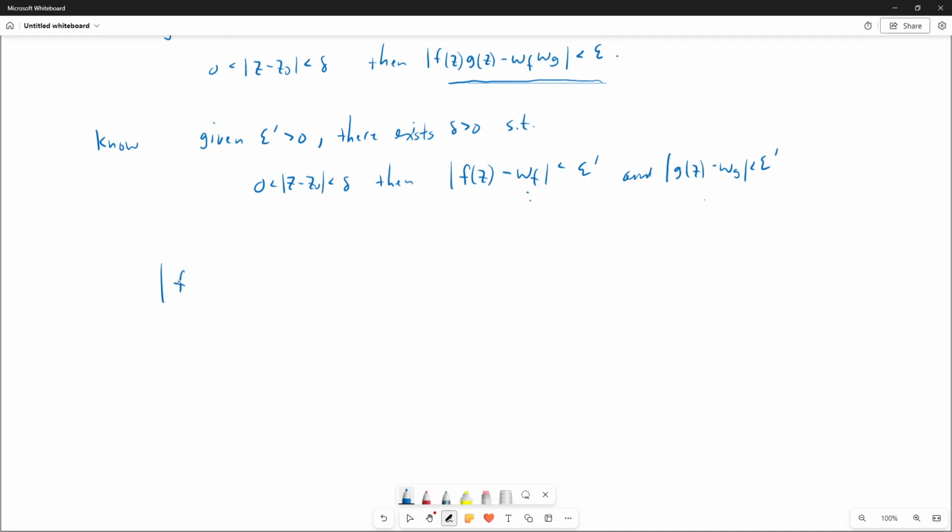So f of z, g of z minus wf wg, we can write this in the following way. We could add and subtract a term.